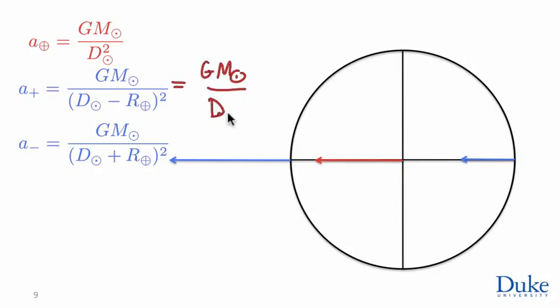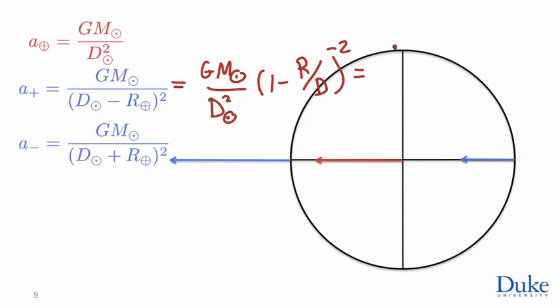We write here, pull out d squared. I'll shortcut the next step. We will get 1 minus r, radius of the Earth, over distance to the Sun, to the power minus 2. x is the small quantity, radius of the Earth divided by distance to the Sun. a is negative 2.